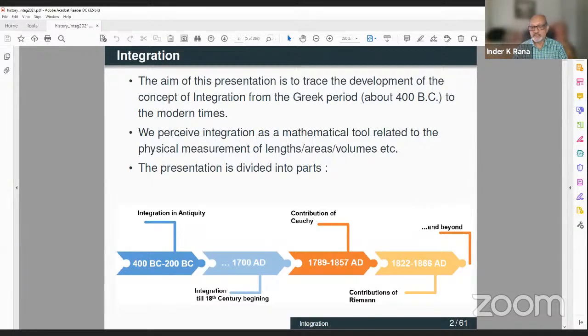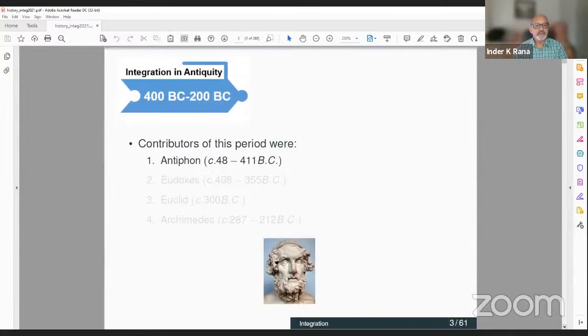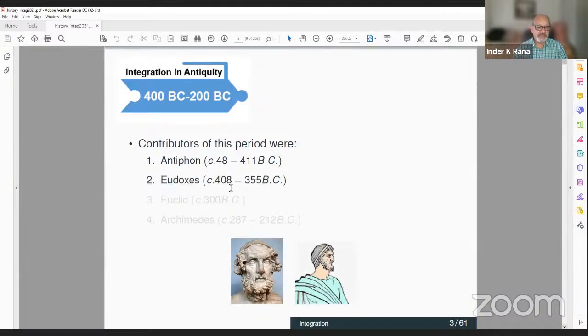Let me begin with the first part of the journey, namely integration in antiquity. I have singled out the names of the contributors. Antiphon. For those who don't know, antiquity is the Greek period. Antiphon, 480 to 411 BC. Eudoxus, 408 to around 355 BC.